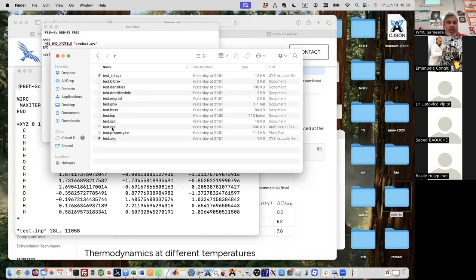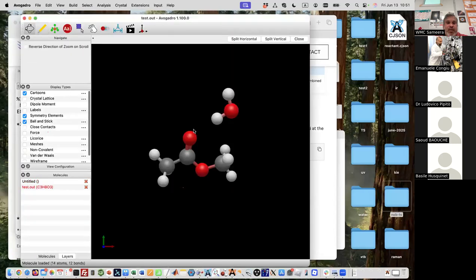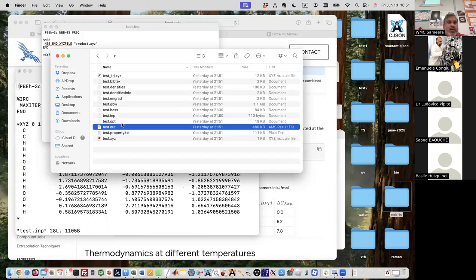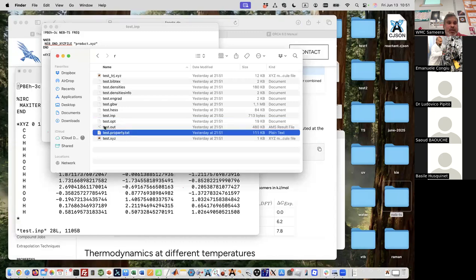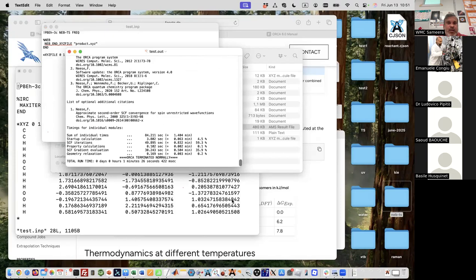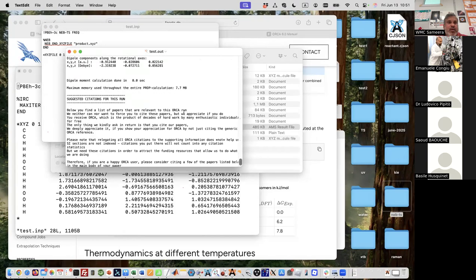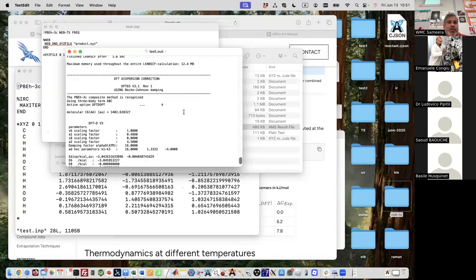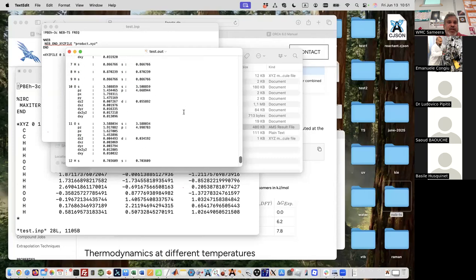I just want to look at the output file and make sure that it is optimized. So it is not fully optimized, unfortunately.